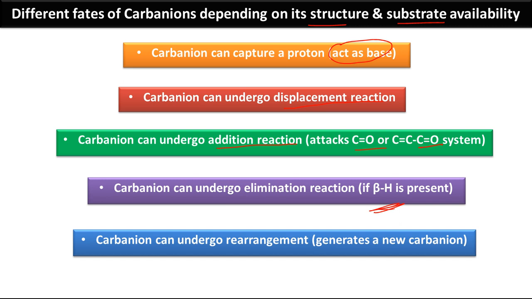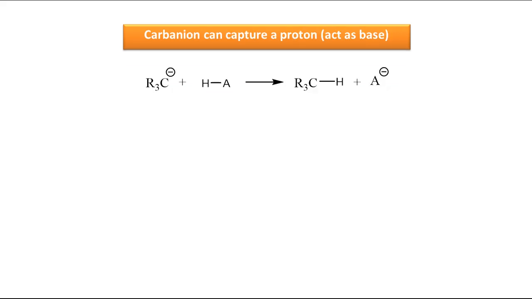And the last one is that it can undergo rearrangement. When it undergoes rearrangement, it is not producing any stable neutral molecule; obviously it is producing a new Carbanion. It is not as common as in carbocation rearrangements, but still it is possible. One by one we will discuss all these fates in detail.